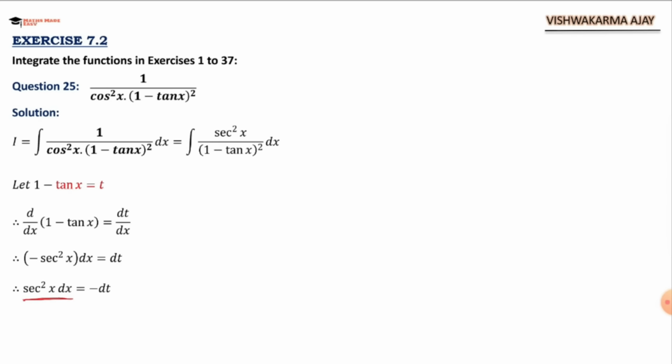In our question, sec square x dx can be written as minus dt, and this part I have substituted as t. So we have minus integral of dt upon t square.